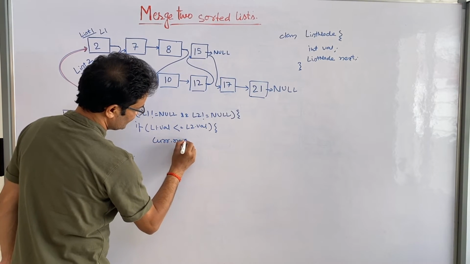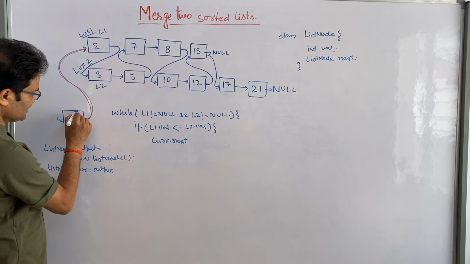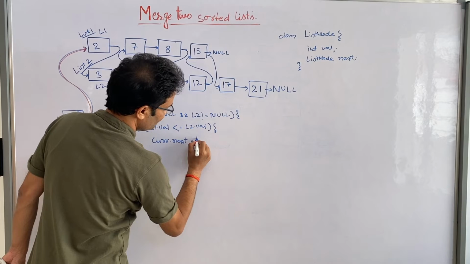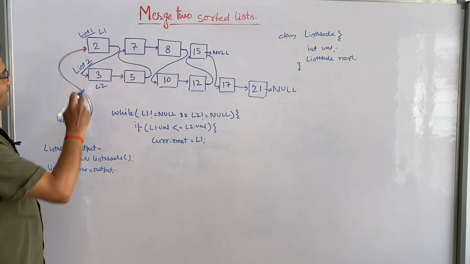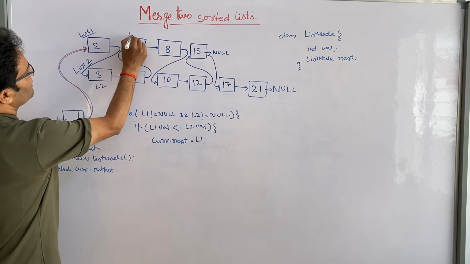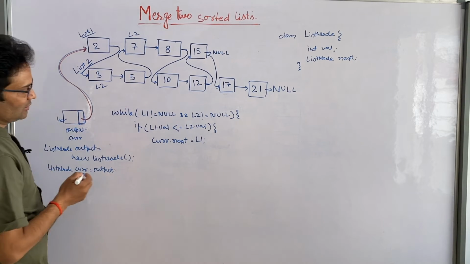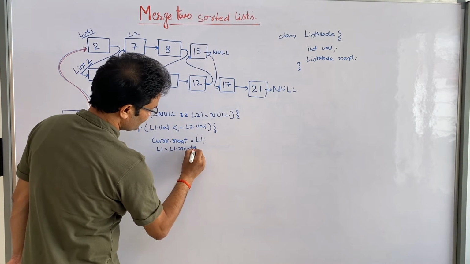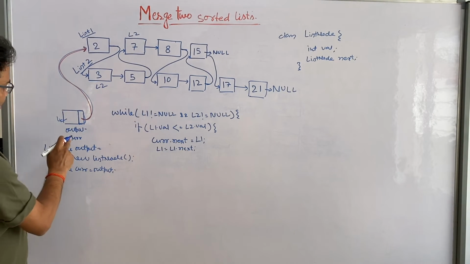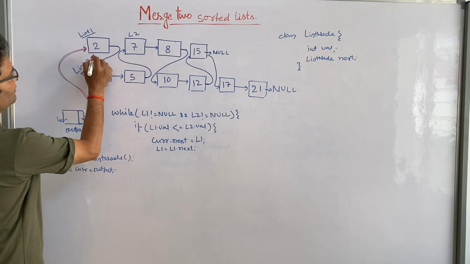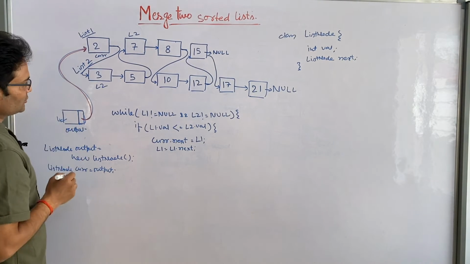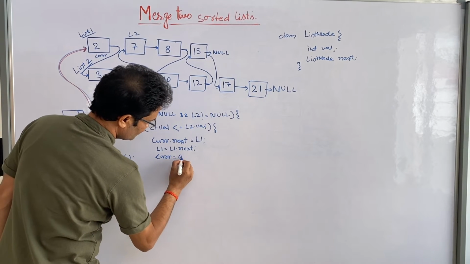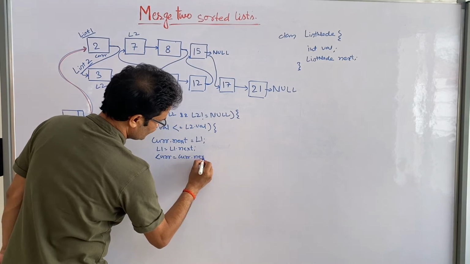Current next, that is this next, should go to L1. So I will give L1. Then I have to move L1 to the next one, so next time we check the next one: L1 is equal to L1 dot next. And now current should come here, so current is equal to current next.